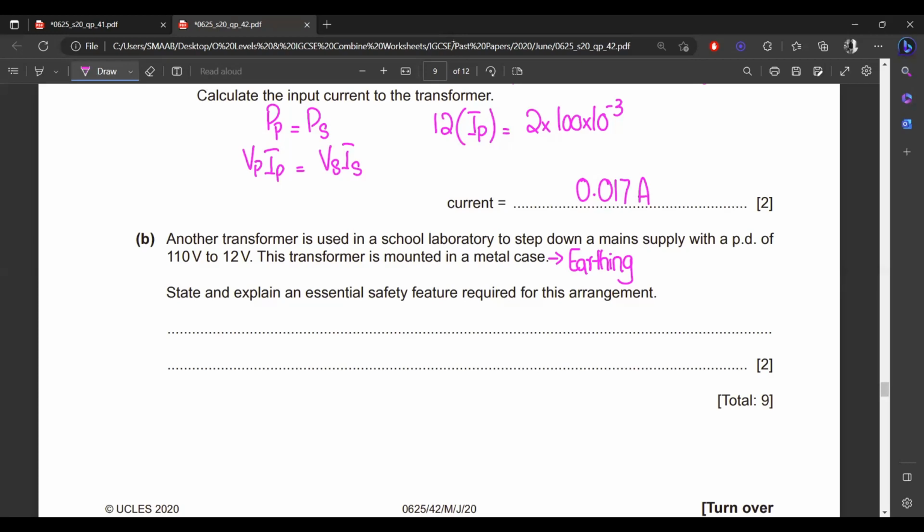So the next option is that the insulation must be checked. Okay, so these are two safety precautions which are important for us, right? Yes.